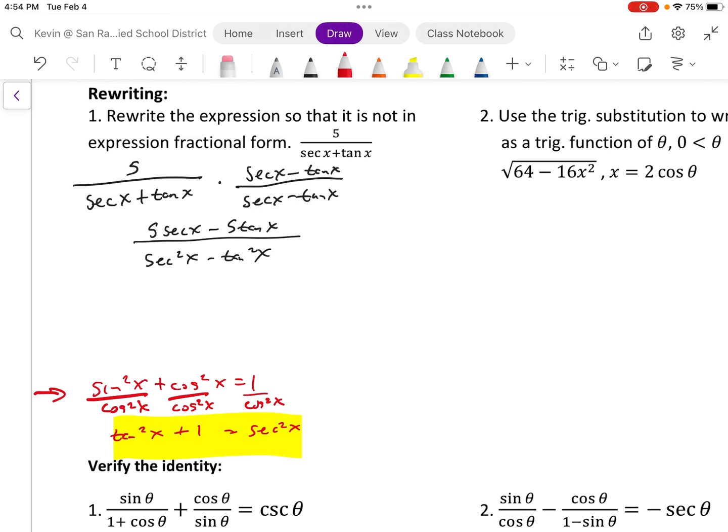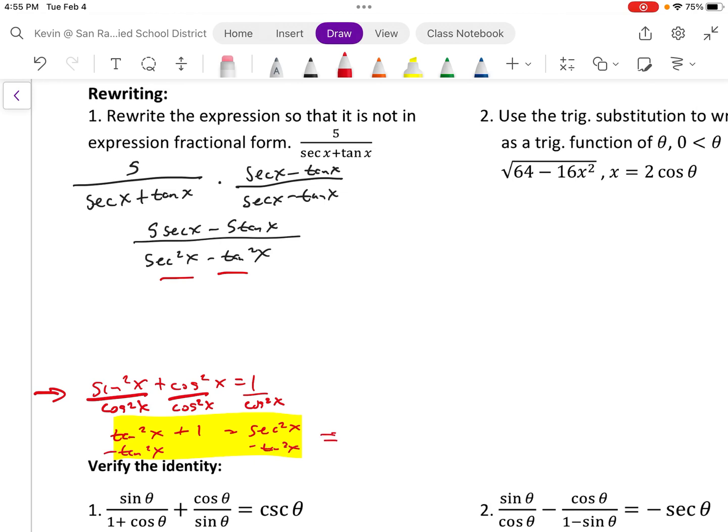All right. Now I could rewrite this as tangent squared x minus secant squared x equals negative 1. Sorry, I should have done this a different way, because I want this to be secant minus tangent.